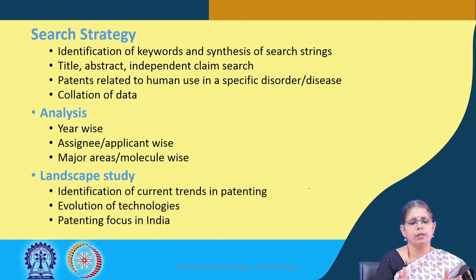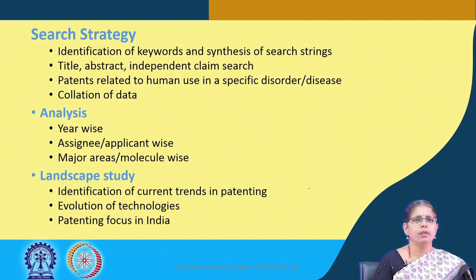Now, based on the data that is collected, one can go in for the analysis of information, where the idea would be to either just look at the filing trends or to look at developments in relation to this particular molecule. So, the landscape study can look at different aspects.